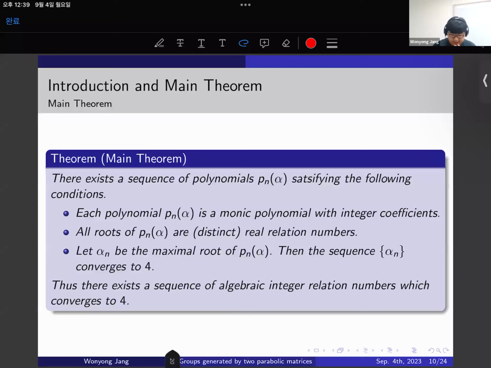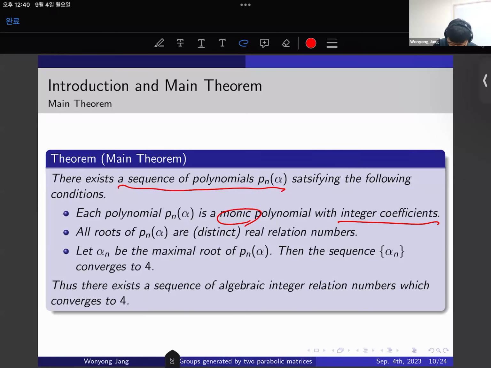And here is our main theorem. We can construct a sequence of polynomials p alpha satisfying that each polynomial is monic with integer coefficients, and all roots of p alpha are distinct real relation numbers.